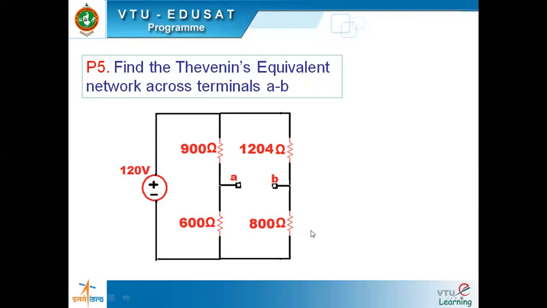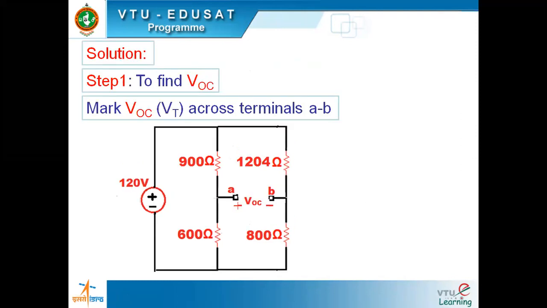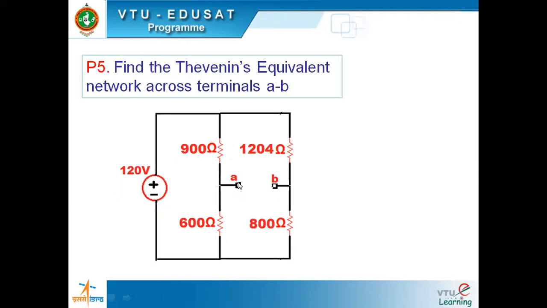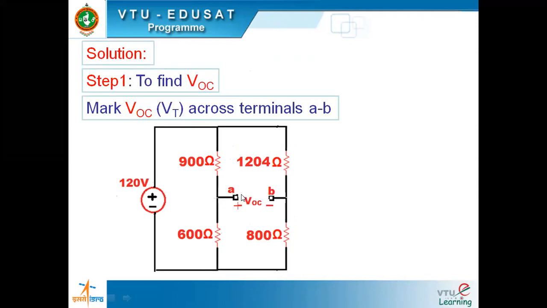We shall see there are multiple ways in which this problem can be solved. You have to approach this problem by different cases, or rather different methods. So we shall see what method we are following here. Get that point? Now, since we are asked to find the Thevenin's equivalent network across terminals AB, we are marking voltage VOC.